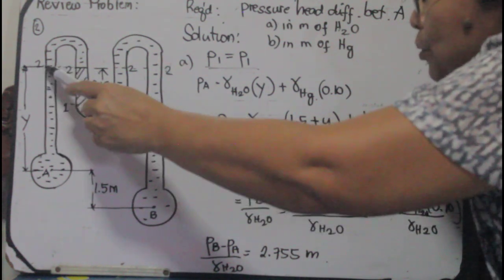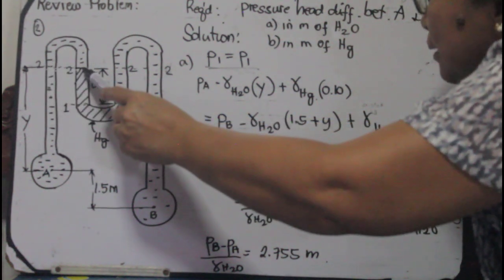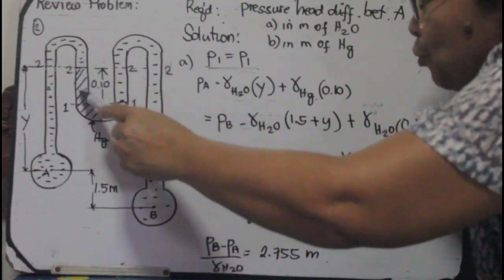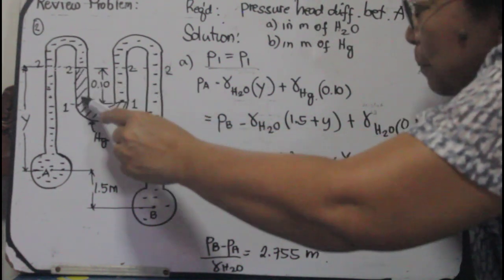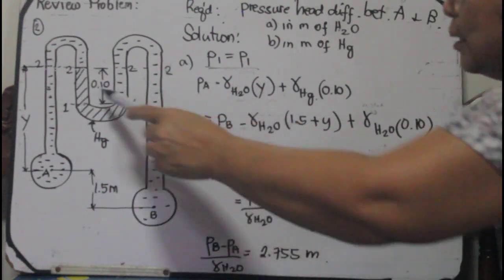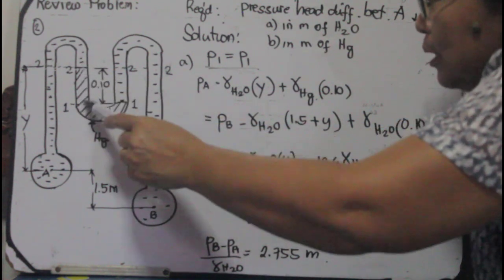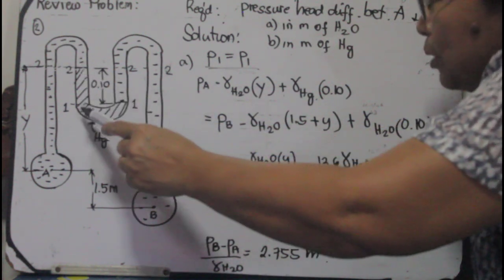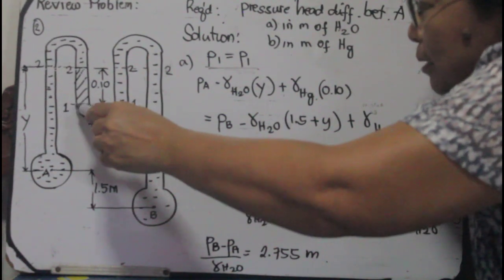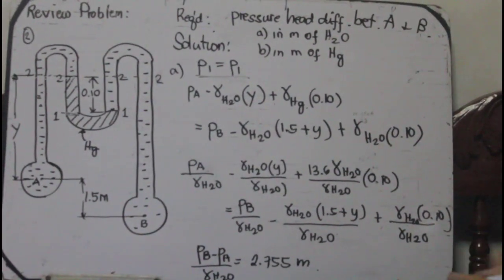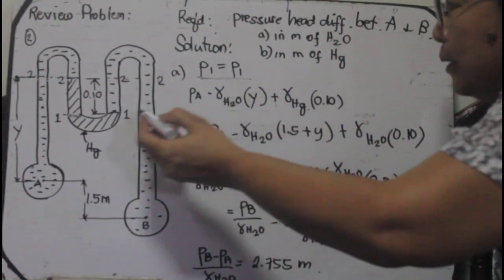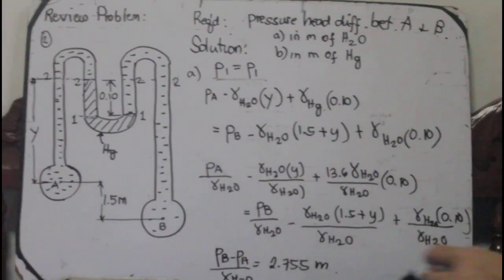So, andito ka na ngayon. Equal ang pressure dyan. Okay? Tapos, from 2 to 1, pababa. So, it is plus. Ayun. Plus, ano yung fluid na yun? It's mercury that stands 0.1. So, nandito ka na sa 1. Okay. Then, equal daw yun sa pressure at 1 dito sa right side of the manometer.